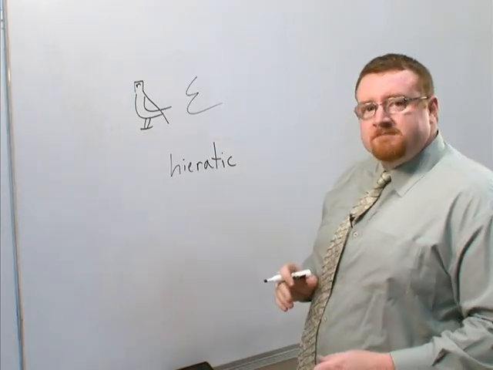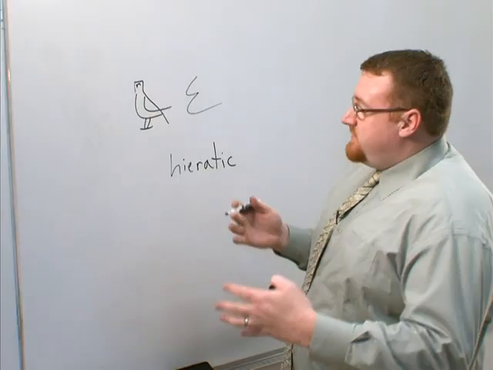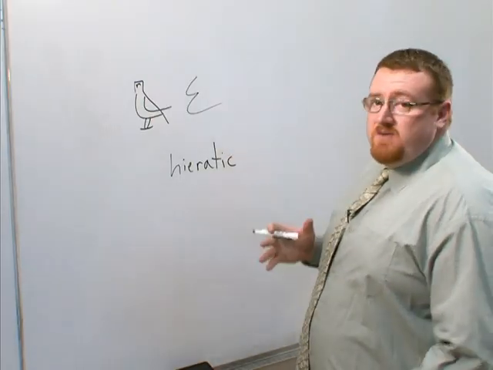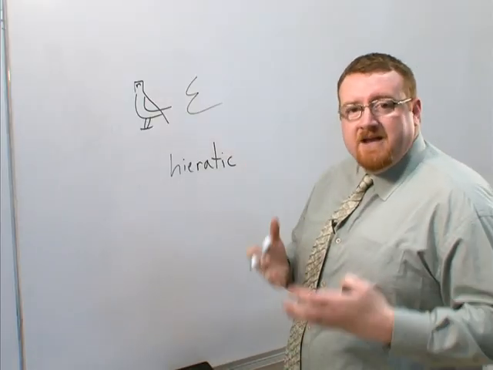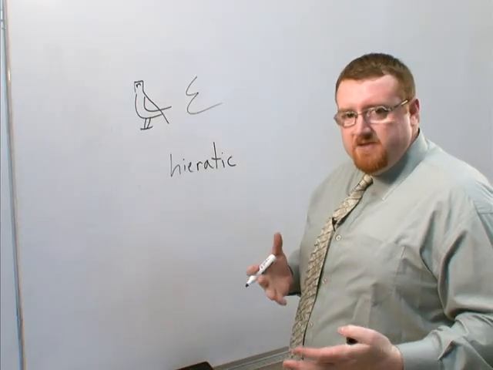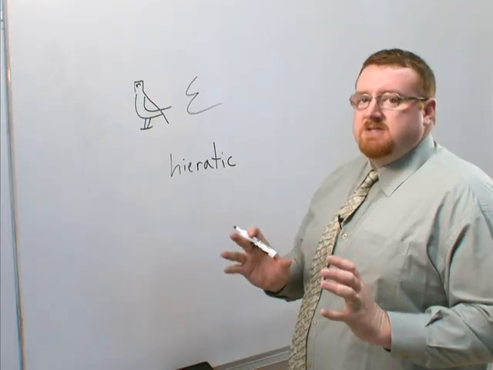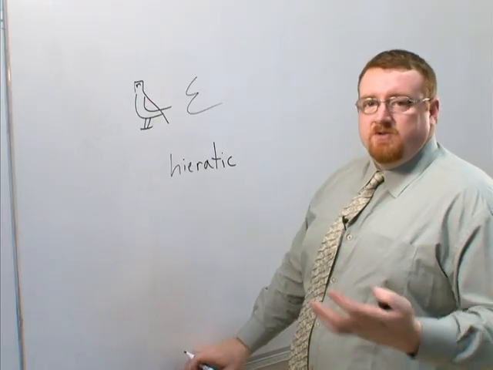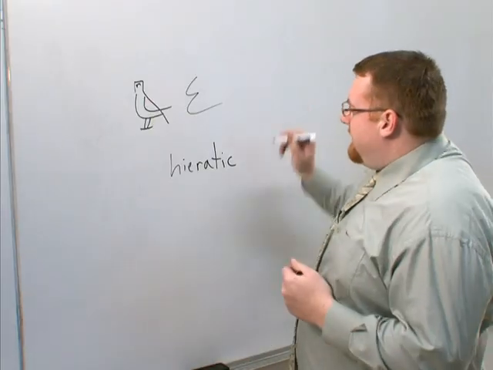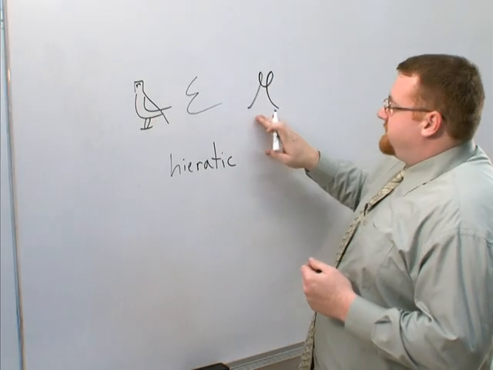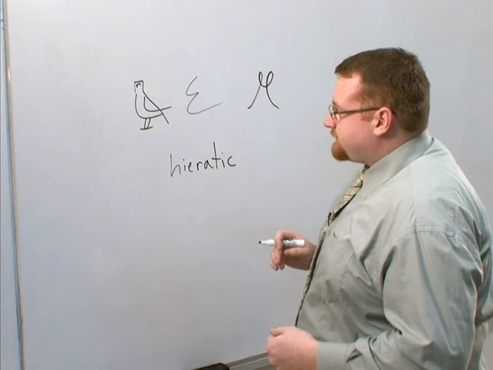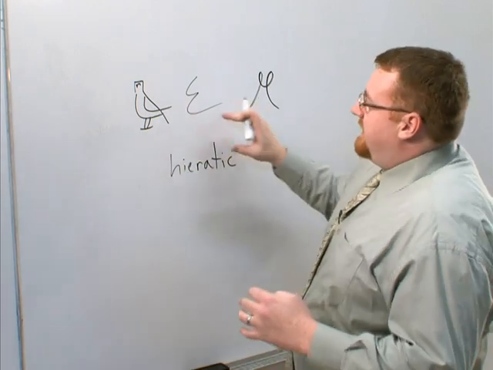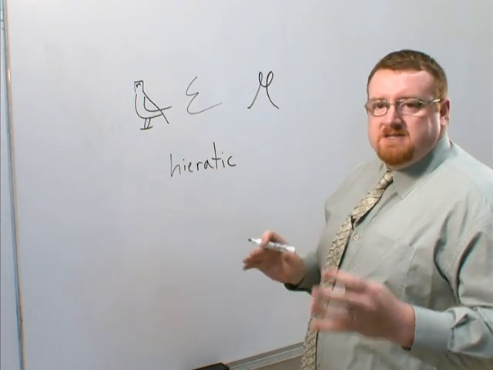They become abbreviated as the language moves on. And as you go throughout time, then we move into another language phase, Demotic, which is even a more abbreviated hieratic. And eventually, we get to the Coptic language, which is actually the Egyptian language, but they adopt the Greek alphabet to be able to write it. So eventually, this is written with an M, similar to as we have today. So this is a kind of evolution of some of the kind of signs that you might see.